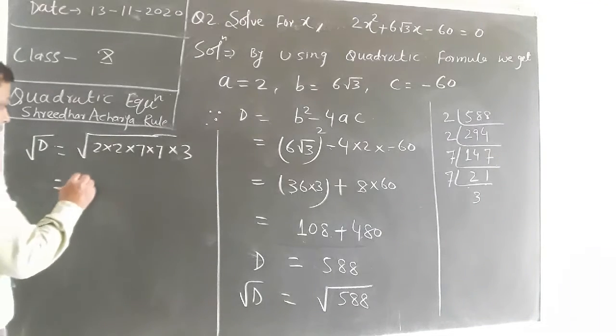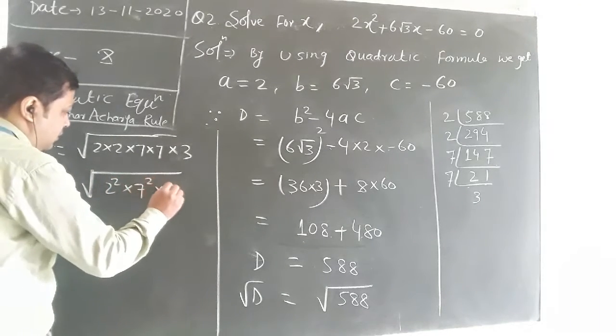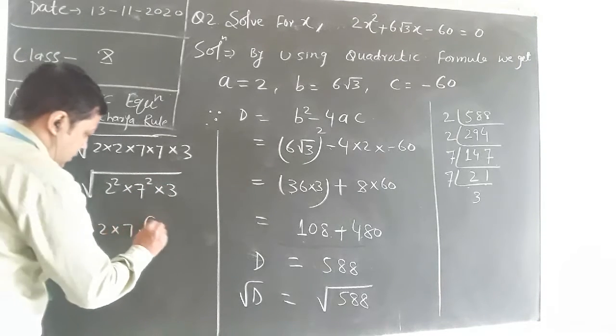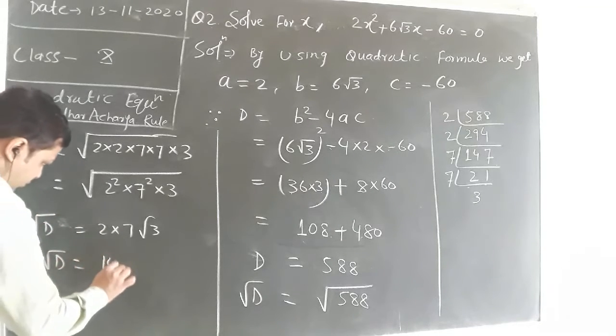So it will be 2 square into 7 square into 3. So root D will be equal to 2 into 7 into 3, root 3. Root D is equal to 14 root 3.